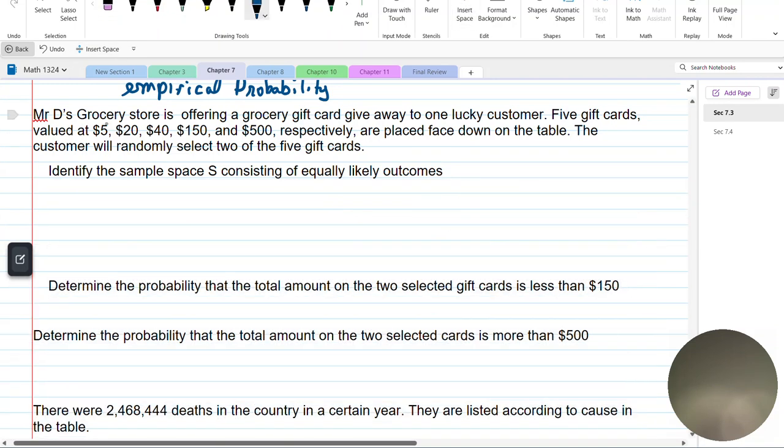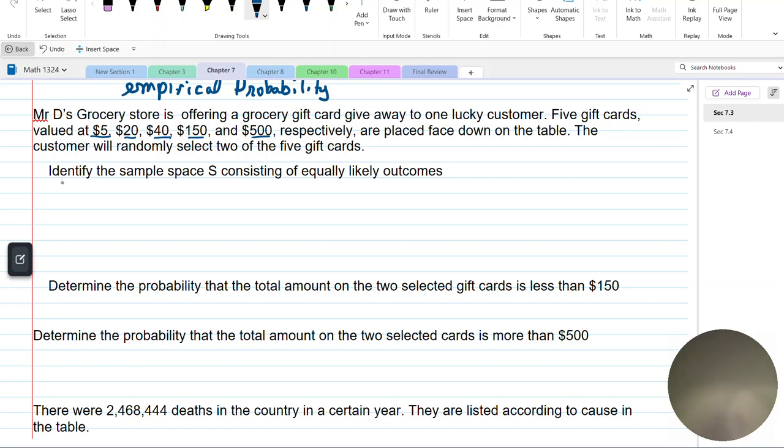Here we go. The grocery store is offering a gift card giveaway to one lucky customer. 5 gift cards valued at $5, $20, $40, $150, and $500 respectively are placed face down on the table. The customer will randomly select 2 of the 5 cards. All right.